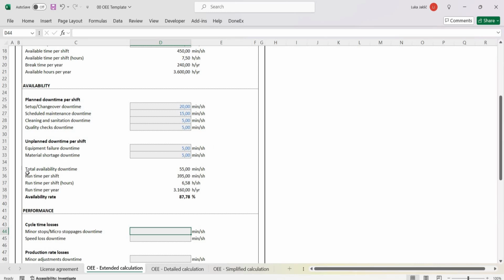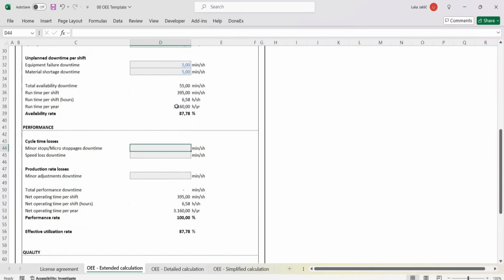Thus, the overall total availability downtime per shift, which is the sum of planned and unplanned downtimes, amounts to 55 minutes. This leaves a runtime of 395 minutes per shift, which is equivalent to about 6.58 hours. Over the course of a year, this results in 3,160 run hours, giving an availability rate of 87.78%.